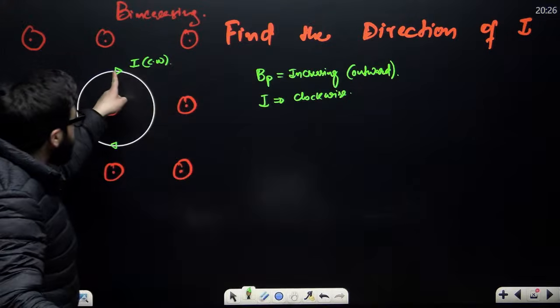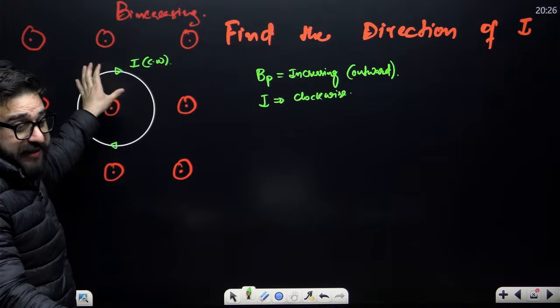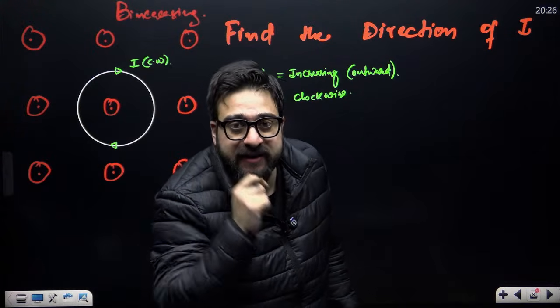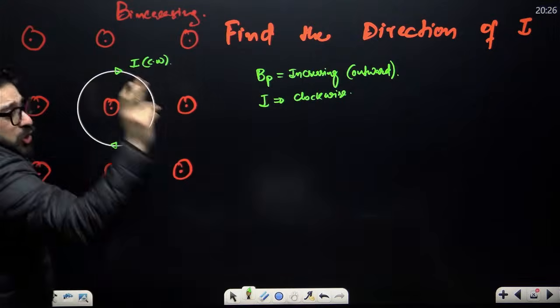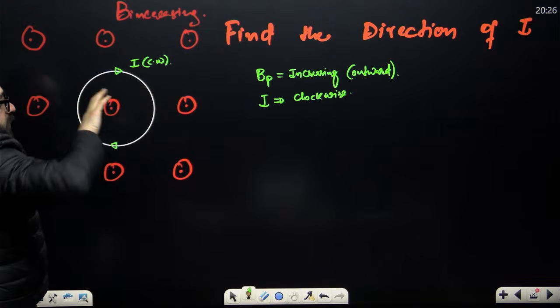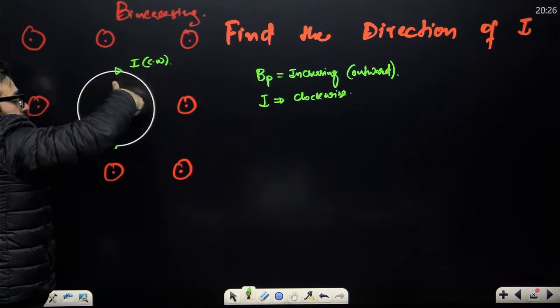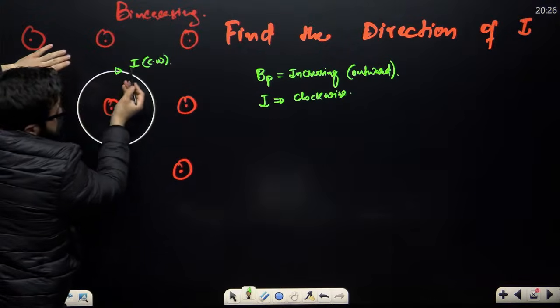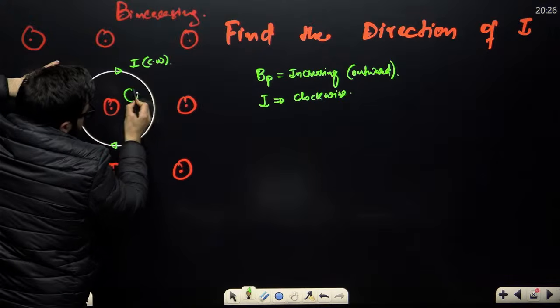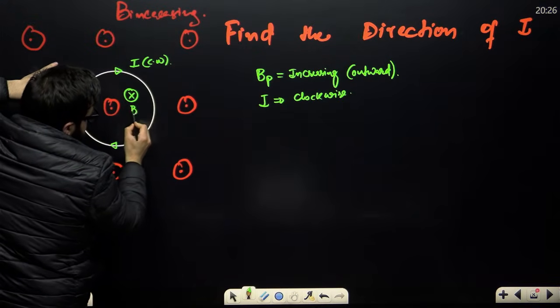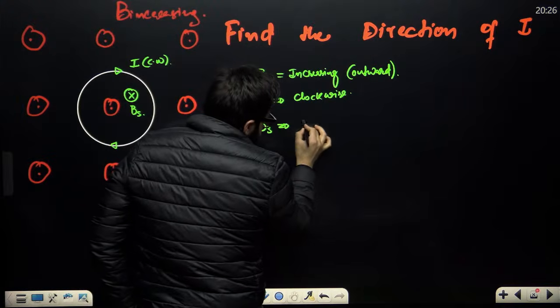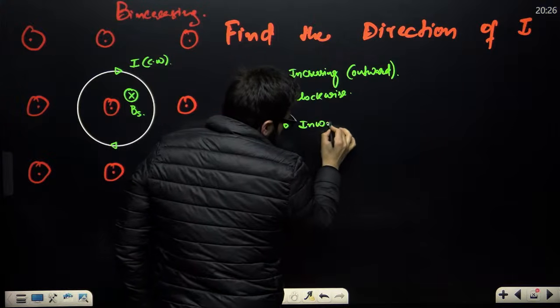So here current is flowing in the coil, so it is going to produce a magnetic field, and that is what we call the secondary magnetic field. The direction of that secondary magnetic field: curl your fingers along the direction of current, and the thumb is pointing inwards. So due to this current, one more magnetic field is being produced, that is the secondary magnetic field. Now you see, B secondary in this particular case is inwards. That is what we wanted actually.